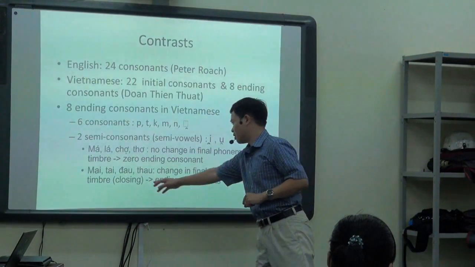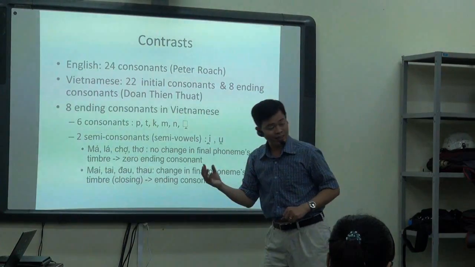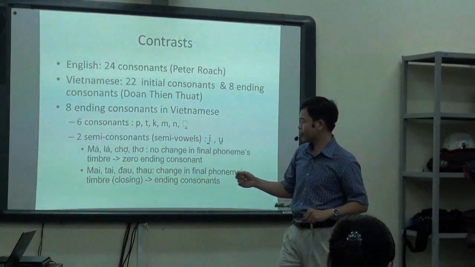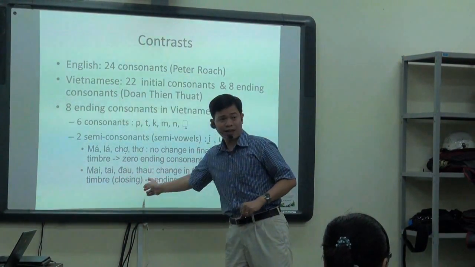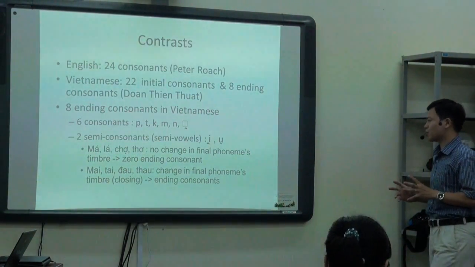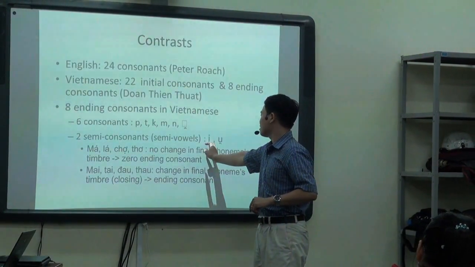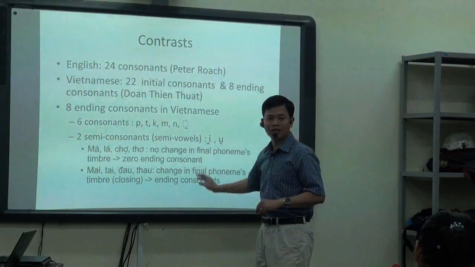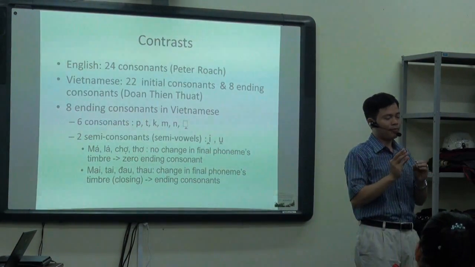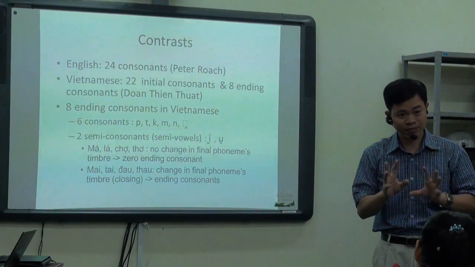Now, with these words, you can see by looking at the spelling, these are vowels, not consonants. But actually, they are also closed because there is a change in the timbre. And these sounds, we can analyze using the spectrogram.